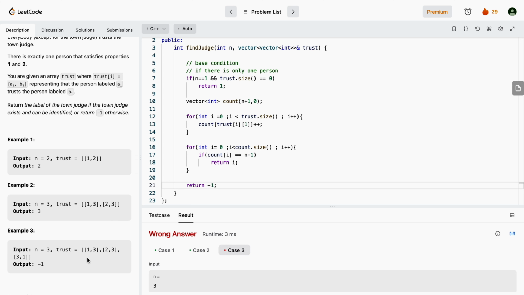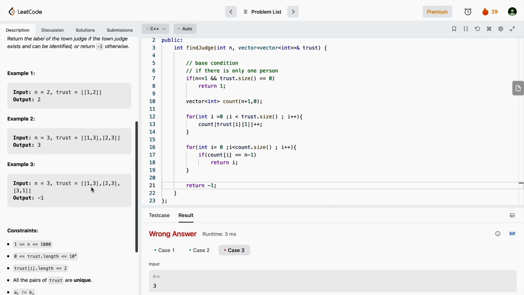See, case 3 is not valid. Why? Completely here, the third person is trusted by the first person, and the third person is also trusted by the second person, but the third person also trusts the first person. So I'm also going to decrement here.